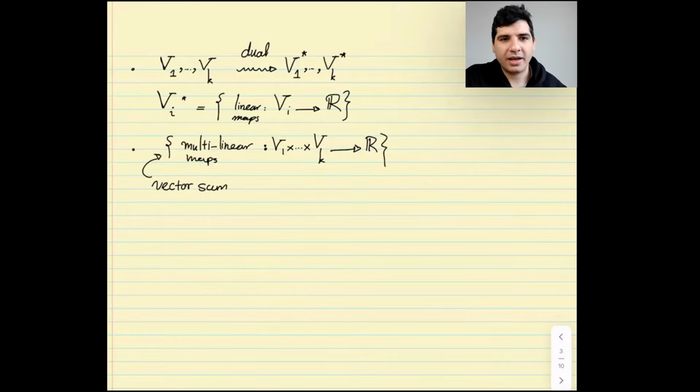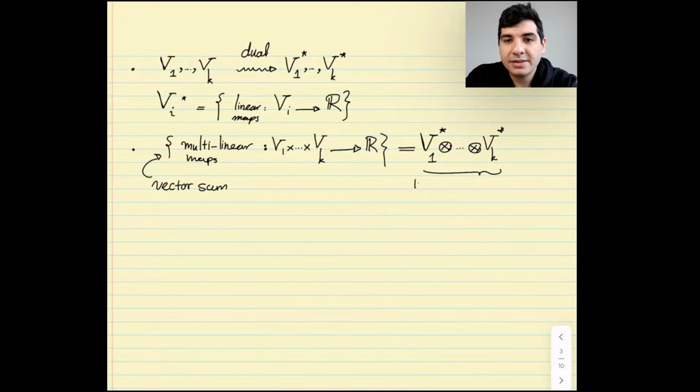It's good practice, a good exercise, to check this. If you pick two multilinear maps, their vector sum is another multilinear map, etc., and likewise for scalar product. So we denote this space by V1 star tensor V2 star up to tensor Vk star. We call this the tensor product of these dual vector spaces.